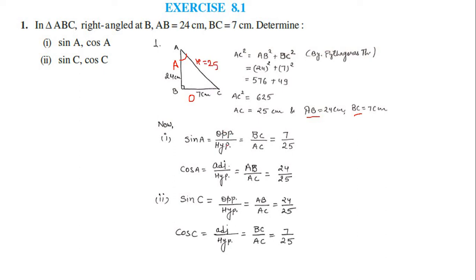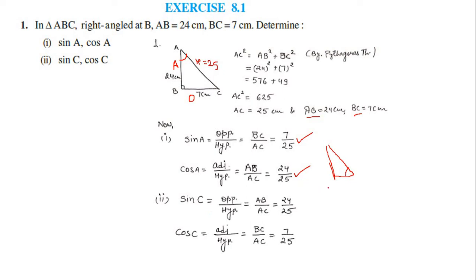So opposite by hypotenuse means BC by AC, and BC is 7 and AC is 25. So we got the first T ratio, that is sin A. In a similar way, cos A is adjacent by hypotenuse, so AB by AC, and when you substitute this, you get 24 by 25.